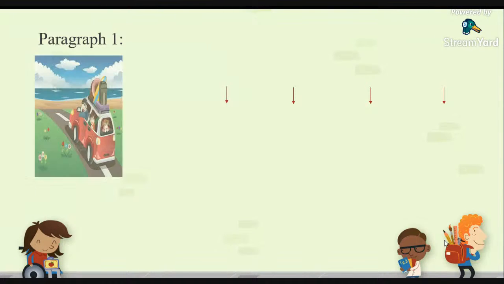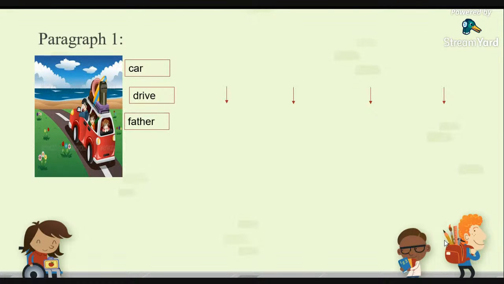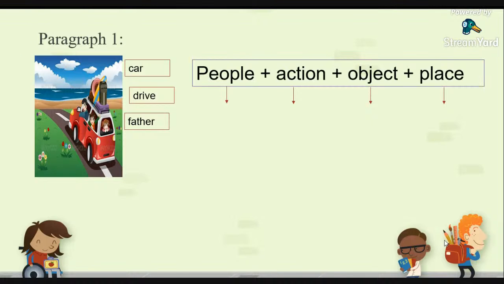Let's move on to the third picture. See, what do you see here? You see car. Then you see someone driving the car. Mestilah kalau ada kereta, mestilah ada orang yang drive, kan? And then who drove the car? Of course, father. Think about these 4 elements. People.